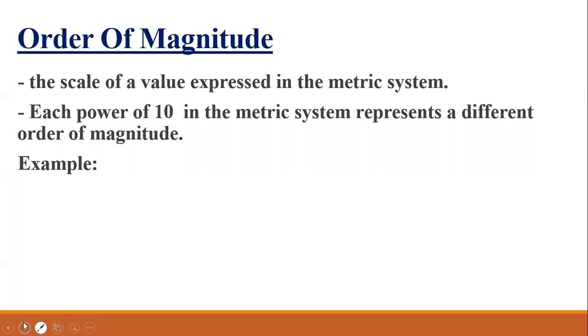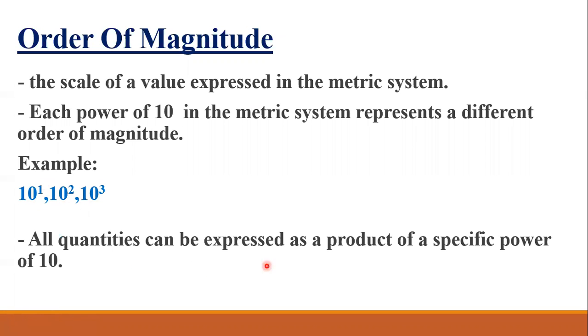For example, we have powers of 10, and so forth. These are all different orders of magnitude. All quantities can be expressed as a product of a specific power of 10. They are said to be of the same order of magnitude.